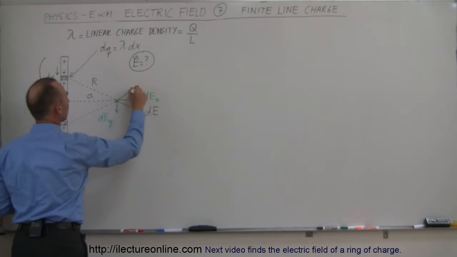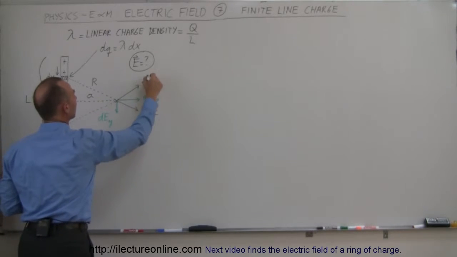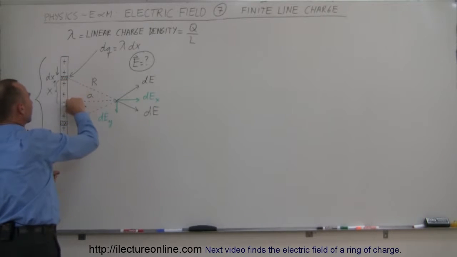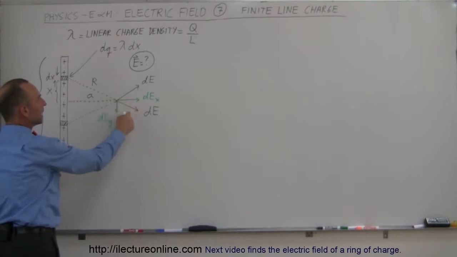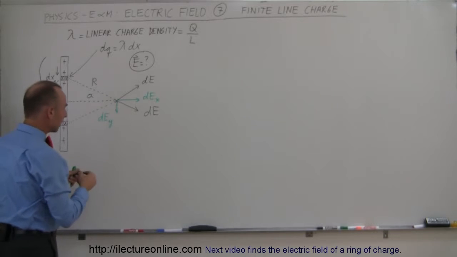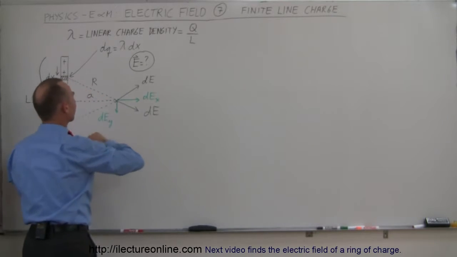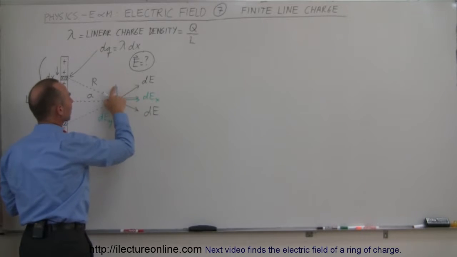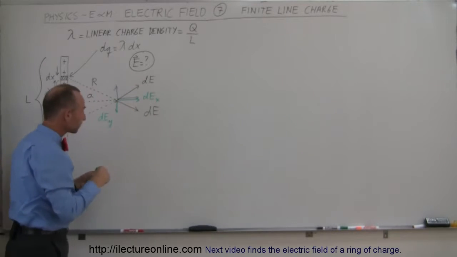That small dE will be pointed in that direction. If I pick the point exactly the same distance away from this point as I did over there, then of course they will be equal in magnitude, and the angles will be the same. That one will also have a vertical component and a horizontal component like this. Not very vertical, but good enough for now.